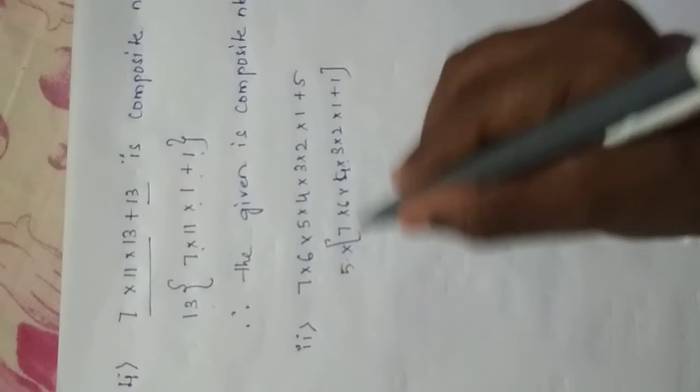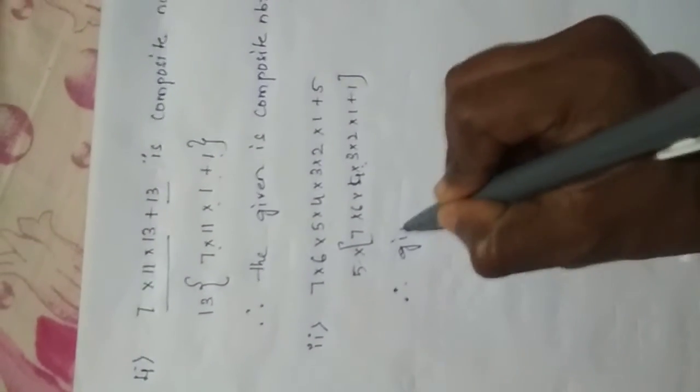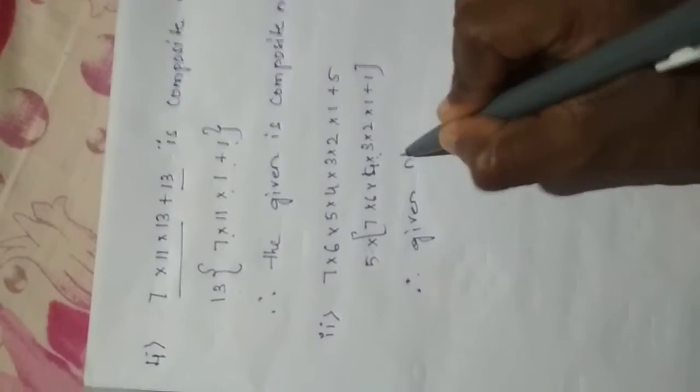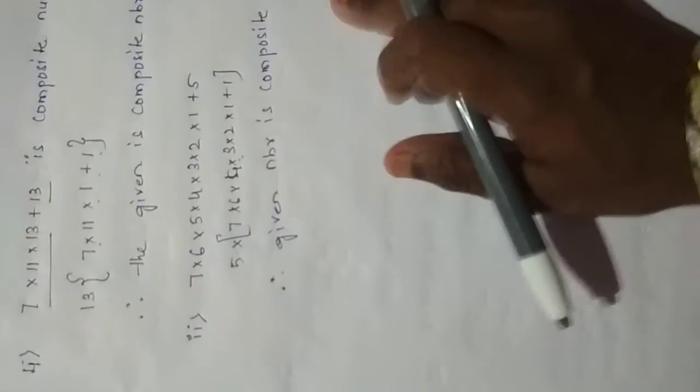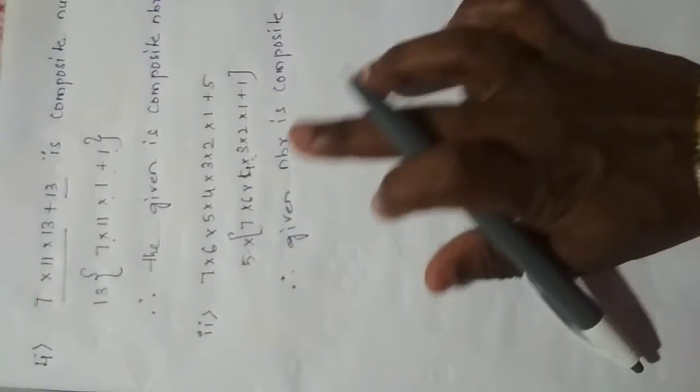So it is also having more than 2 factors. So therefore the given number is composite. I think students, you understood how to show the number is composite. Composite in the sense it will have more than 2 factors.